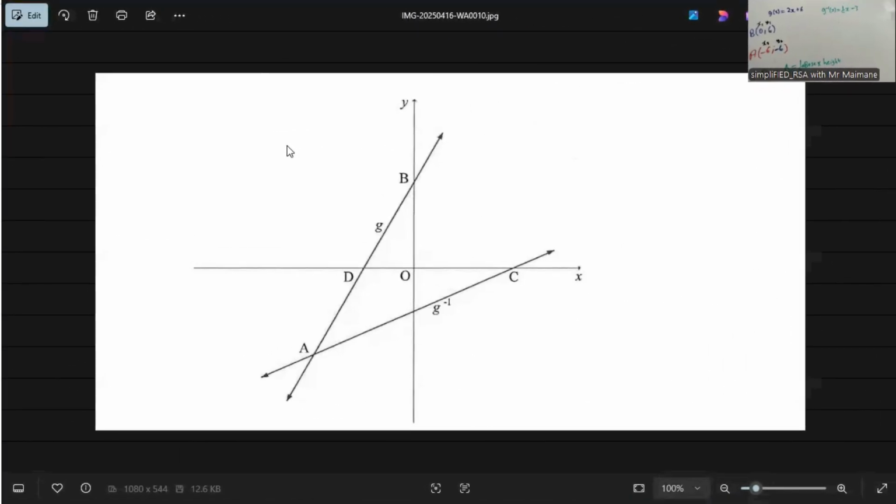First of all, I will complete the entire diagram to show how it looks. So triangle ABC is this triangle. And from this triangle, I know that the base will be BC. So BC represents the base of my triangle.